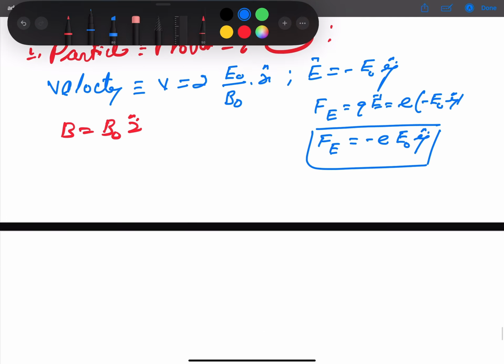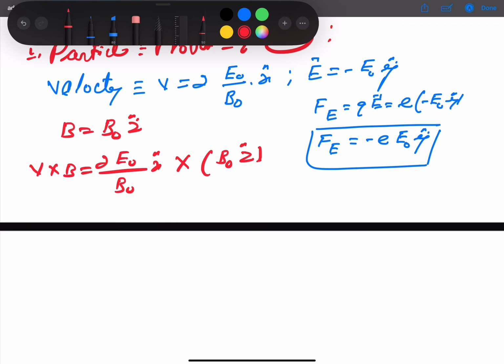Now we find out the force because of the magnetic field, and for that, first of all, we need to find out V cross B. V is 2 E naught upon B naught X unit vector, cross B naught Z unit vector.